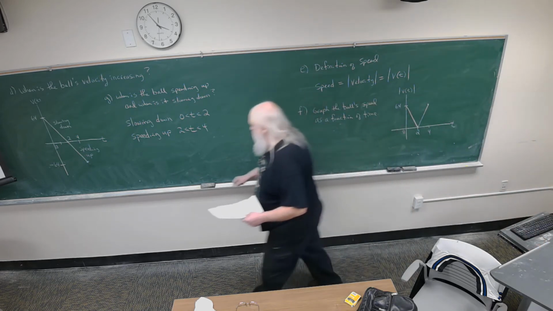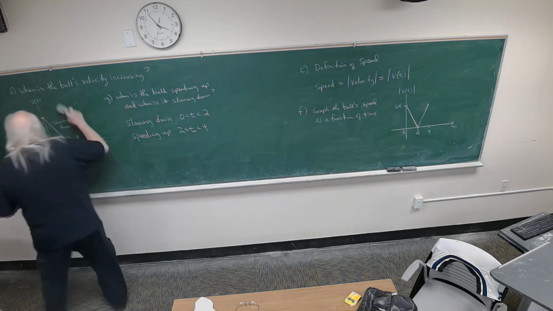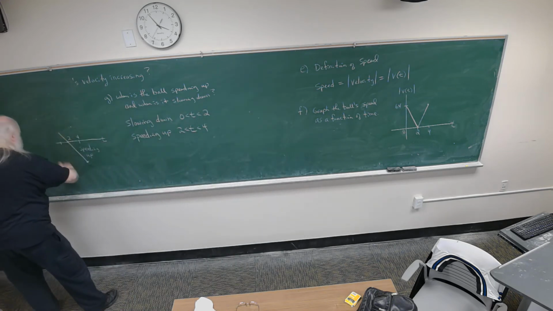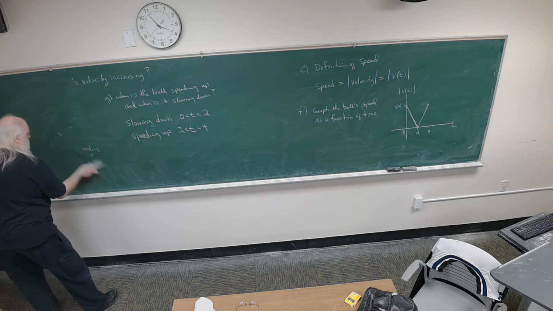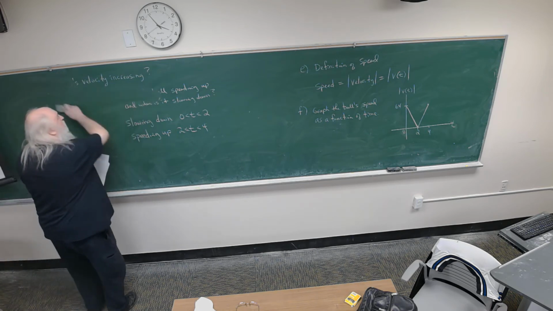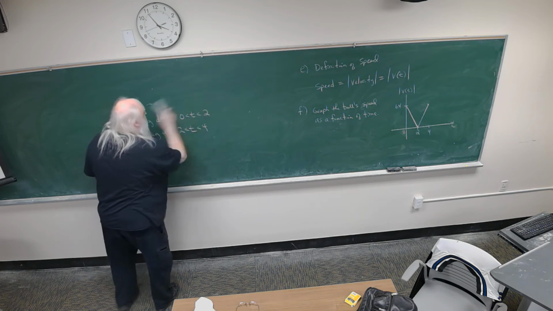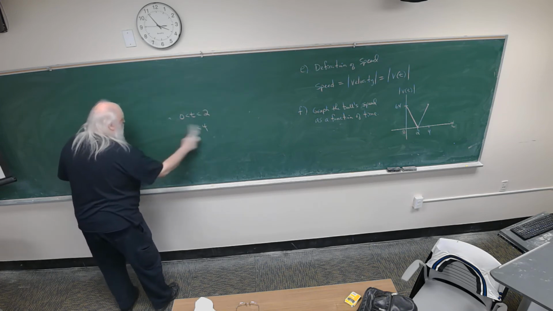So now we're going to do another example, but not with the ball thrown up in the air. We may not finish this one in 26 minutes. We may have to finish it tomorrow.